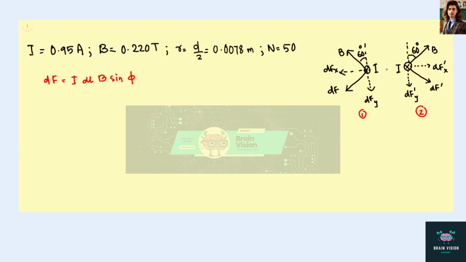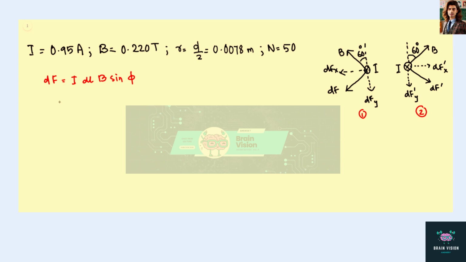So the net force is the sum of the forces along the y direction. Only the y components will add, and this is true for all pairs of short segments on opposite sides of the coil.